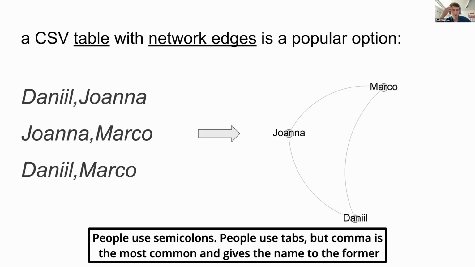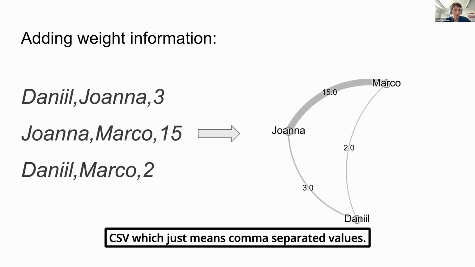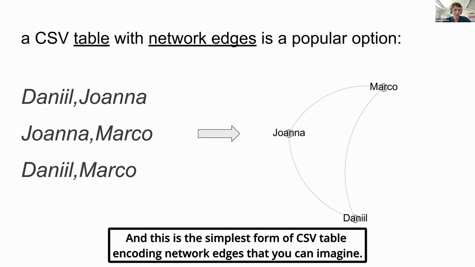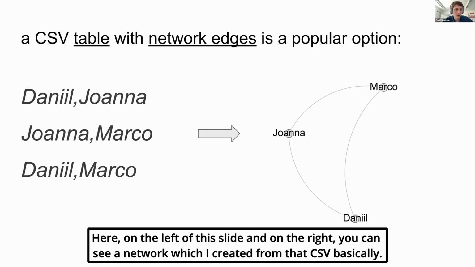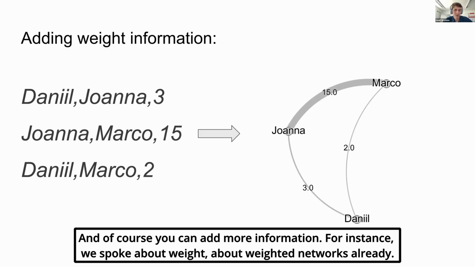People use semicolons, people use tabs, but comma is the most common and gives the name to the format, CSV, which just means comma separated values. This is the simplest form of CSV table encoding network edges that you can imagine, here on the left of this slide, and on the right you can see a network which I created from that CSV.